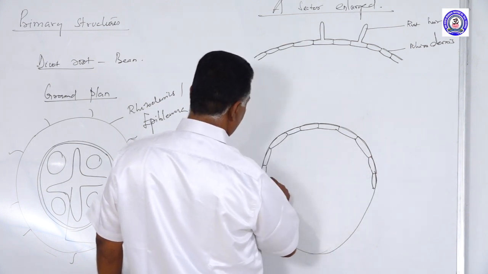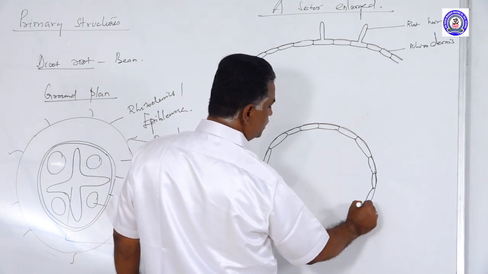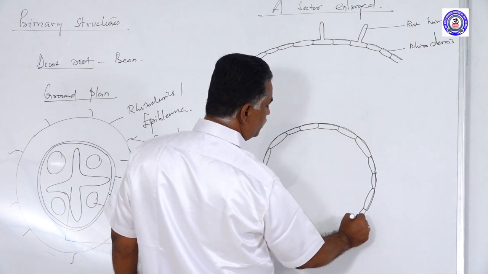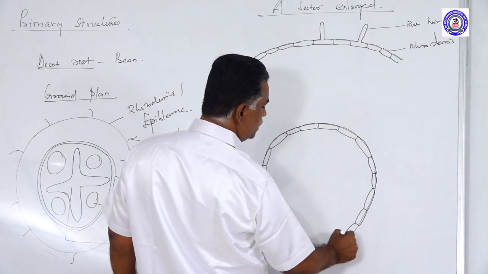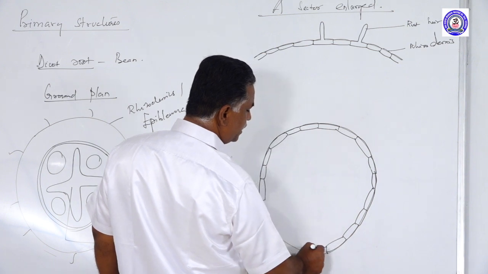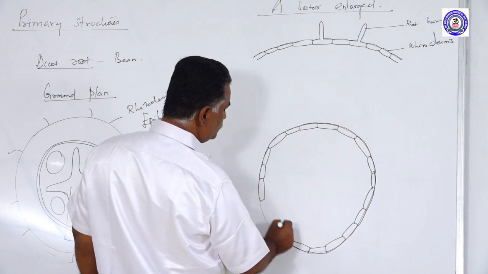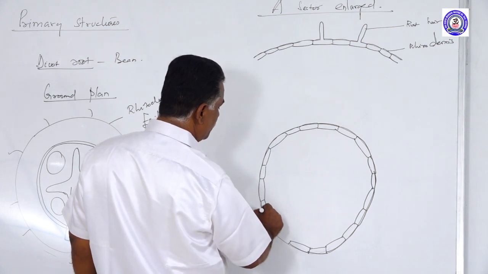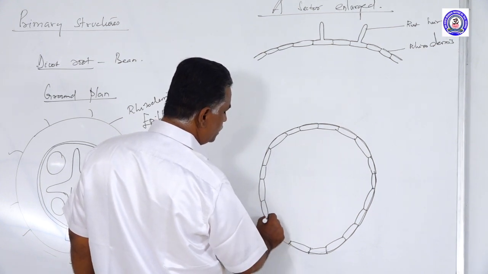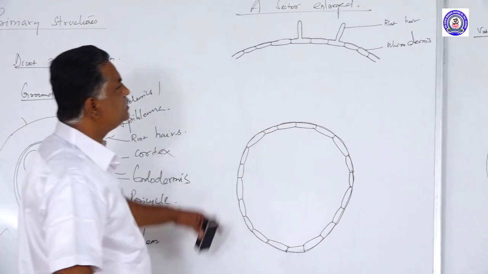Barrel shaped, arranged without intercellular spaces. See, we are very familiar with the word epidermis. Epi, outer, dermis, skin. So epidermis is the outer skin. Here in root, the epidermis is called rhizodermis.